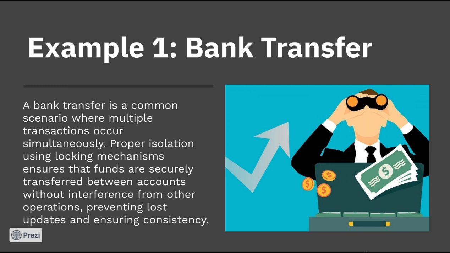Transaction 2 would update it to 1050 after adding 50. Whichever transaction completes last wins, and the other's changes get lost. With proper concurrency control like locking, transaction 2 would wait until transaction 1 finishes and then work with the updated balance of 900. The result is 950, the correct amount.